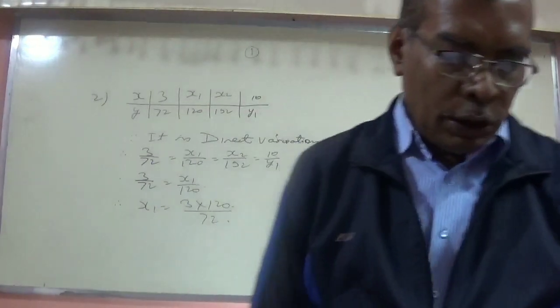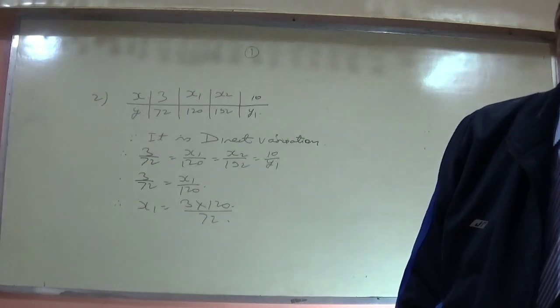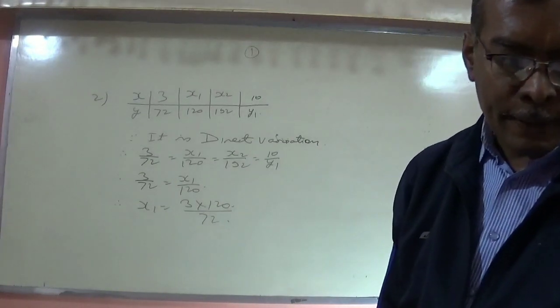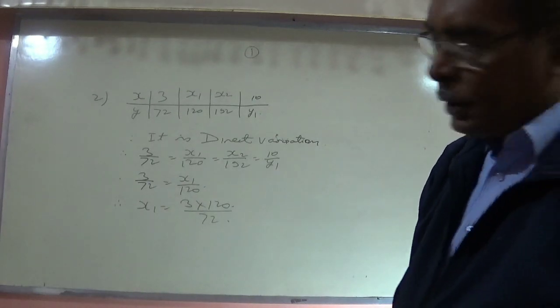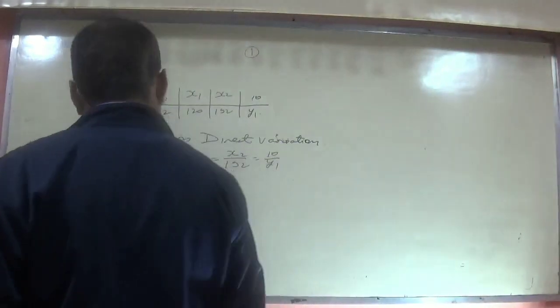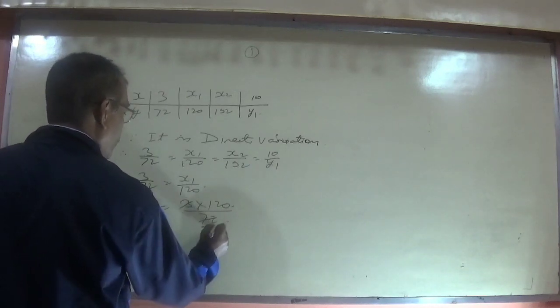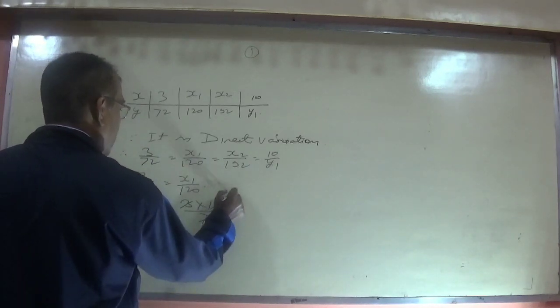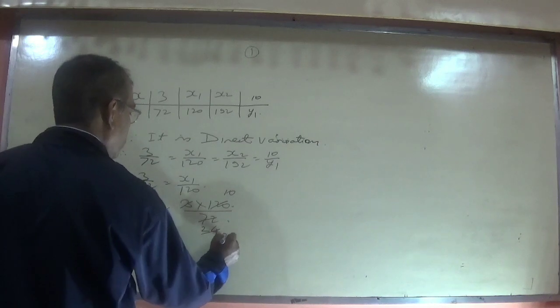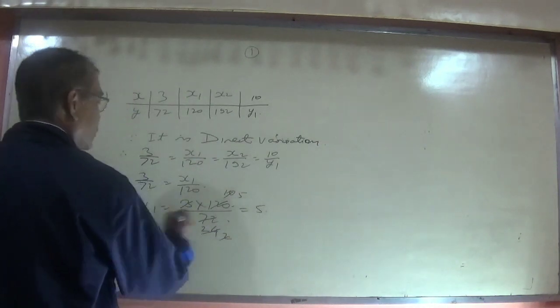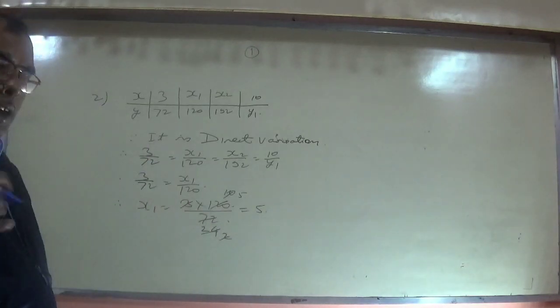Now if we take the calculations, 3 2s are 6, 3 4s are 12, 10s are 12, 2 5s are 10, and it is coming as only 5. So x1 is 5. We have to make an index.